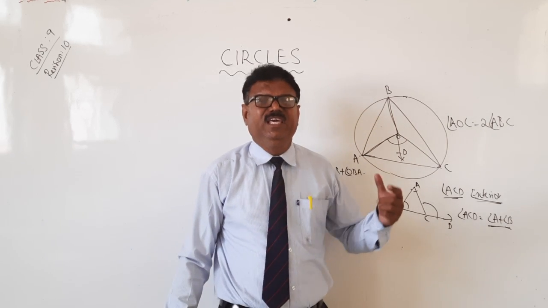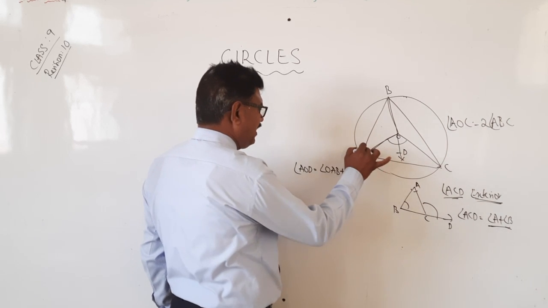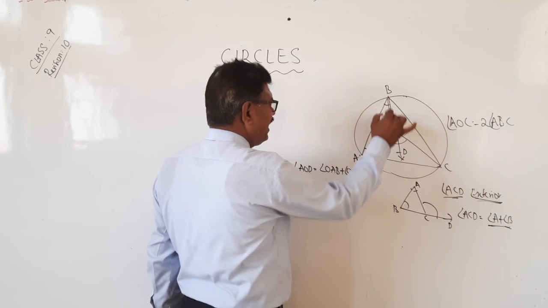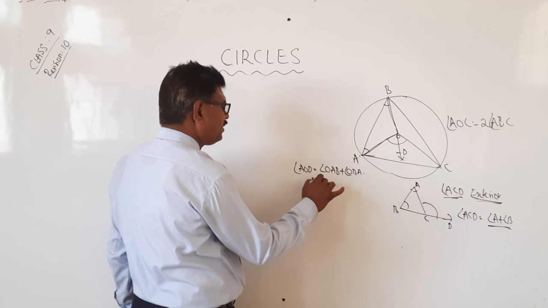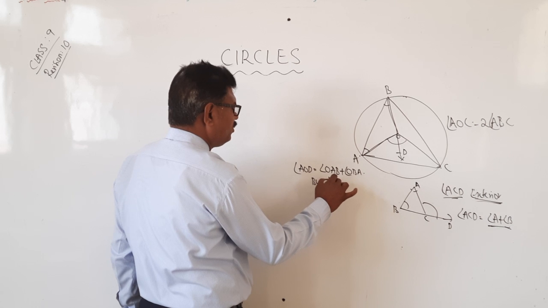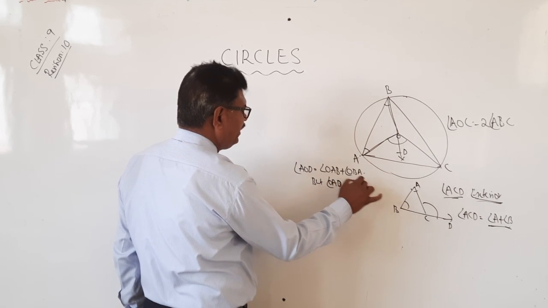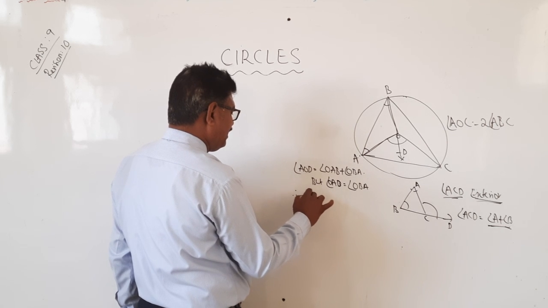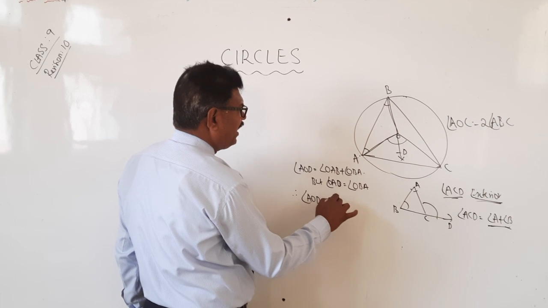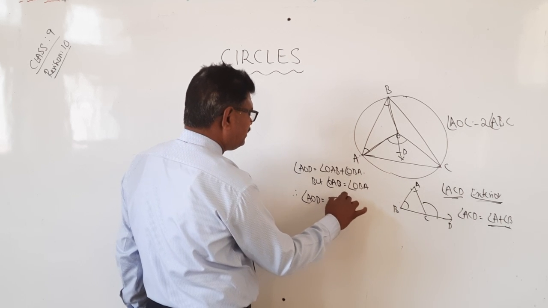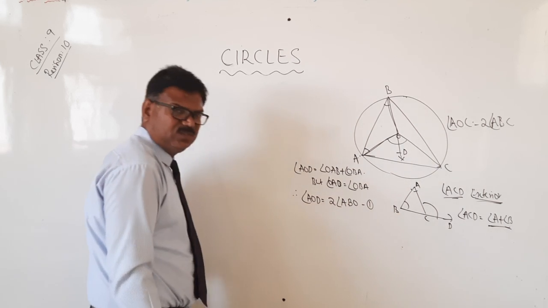We know that if two sides are equal, then the opposite angles are also equal. So angle OAB equal to angle OBA. Therefore, angle AOD equal to 2 times angle ABO. This is 1.